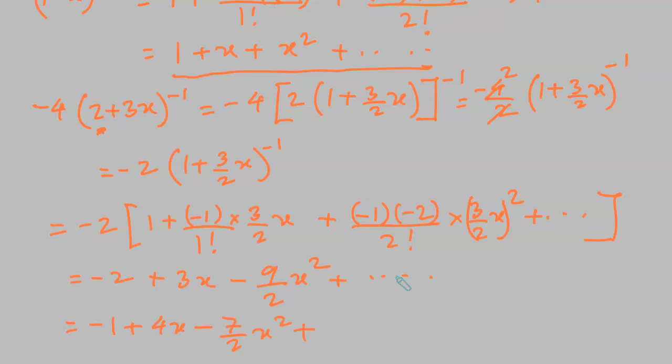Okay, plus ... It is an infinite series and we have given the first 3 terms of this infinite series. Okay, so this is how you get the binomial expansion of a rational function, and by the use of the partial fraction decomposition method. Okay.